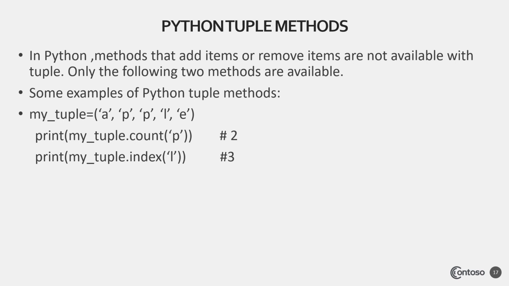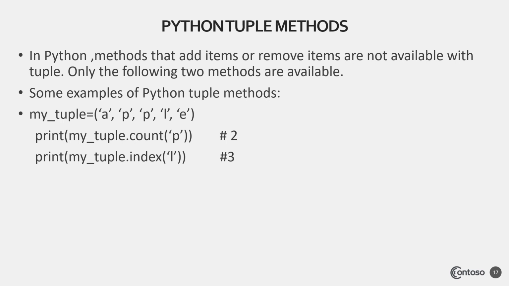In the following tuple, we have a tuple APPLE, and when we print my tuple dot count of P, the count method shows the count of the element in the tuple.